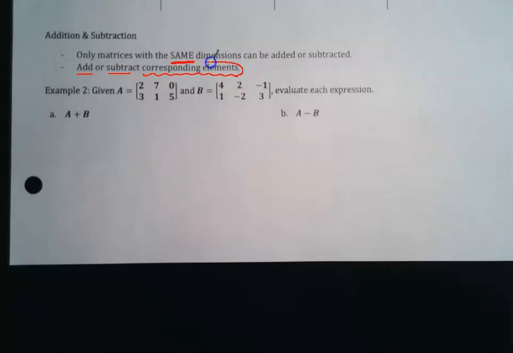This is why they have to be the same, okay, because we add and subtract the corresponding elements. So when it says we're going to add A plus B, A is a 2 by 3, B is a 2 by 3. Okay, so they have the same dimensions here. And the reason is because we're adding the corresponding elements. So we have to take 2 and we're adding it to 4.